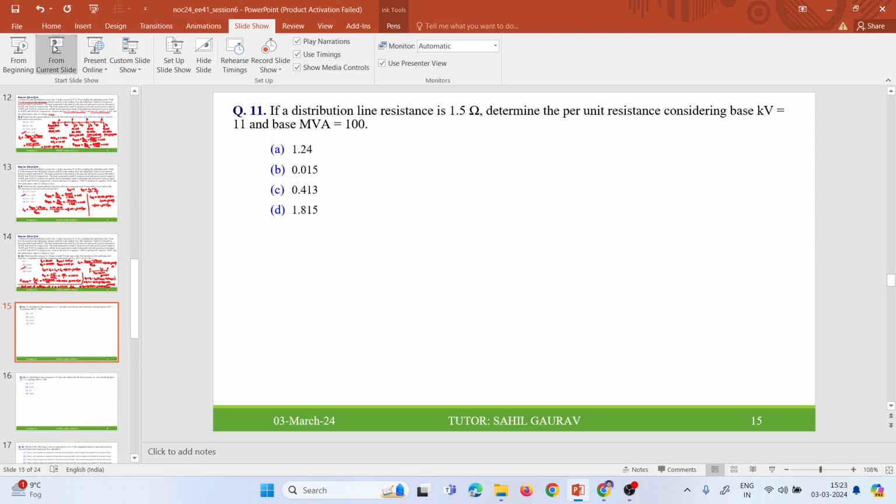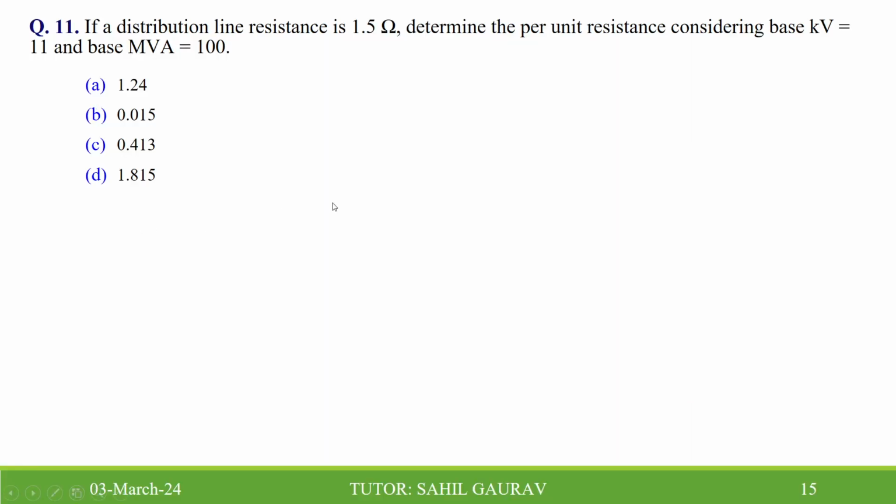In this problem, we have to find the per unit resistance. The base value, MVA values, and the resistance value are all given. So first we find Z base. We know that it is kV base squared upon MVA base. kV base is given as 11 and MVA base is 100, so it is 1.21 ohm.